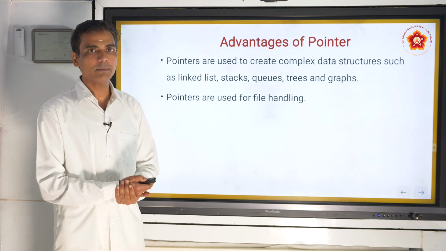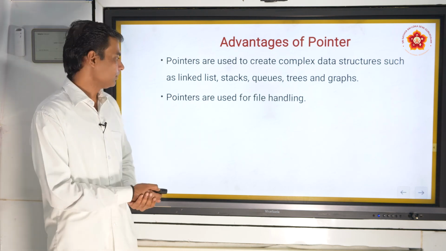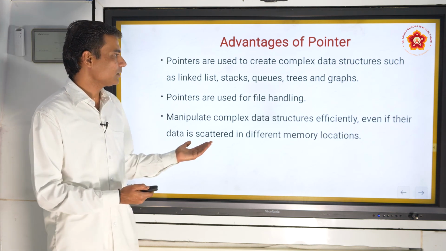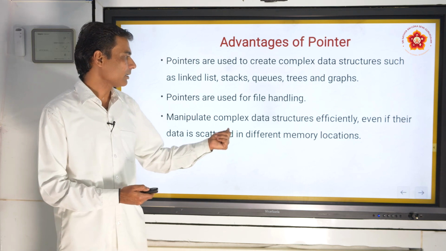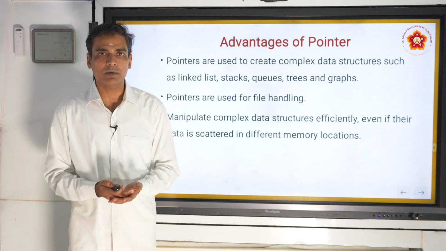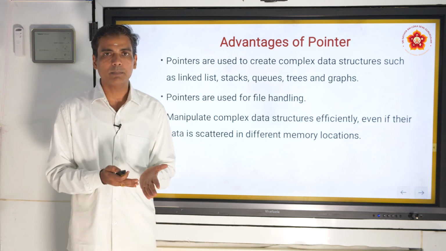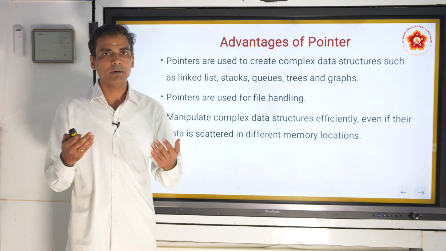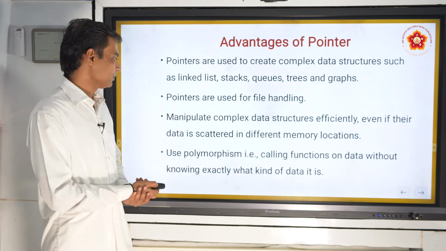Most of the file operations are based on file pointers. Then manipulate complex data structures efficiently even if their data is scattered in different memory locations. Yes, this is very easy. If data is scattered at different locations and you declare a pointer, the pointer can directly point to the addresses, then the data will be accessed very fast.